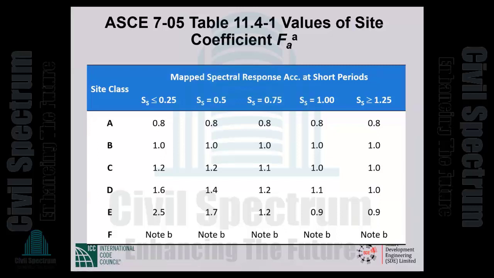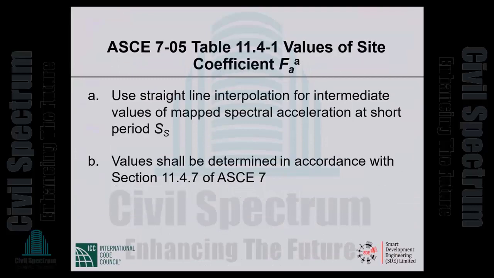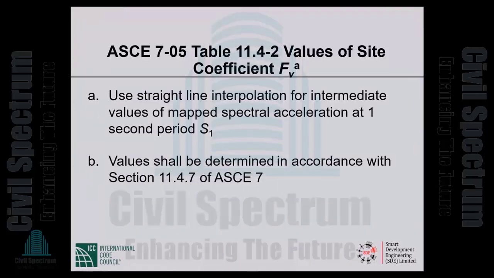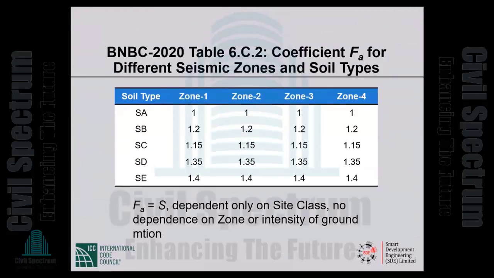You cannot use the spectrum of the code and site modification factors. These are details that I will let you read. F sub B, the long period site coefficient, is a function of the site class and the long period ground motion parameter S sub 1. Okay? This is about interpolation and things.